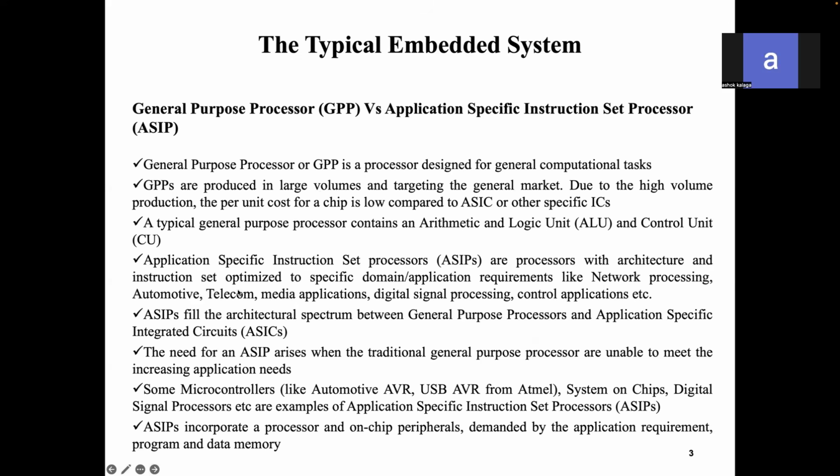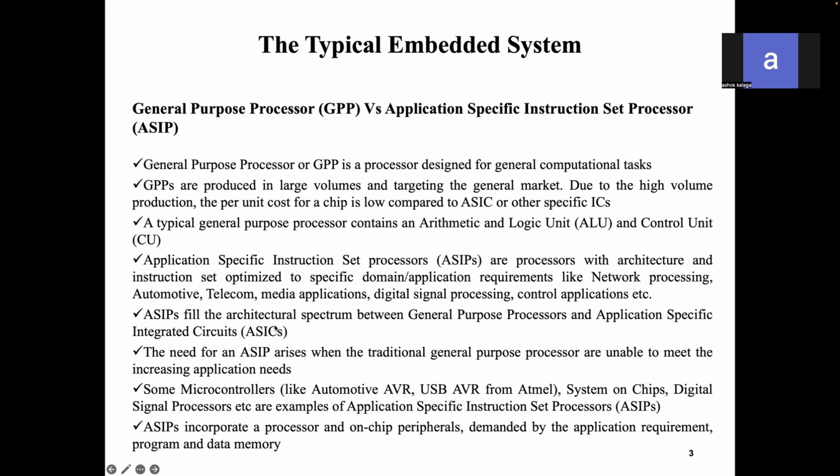Next one, ASIP, application specific instruction processor. Instruction set processors are processors with an architecture and instruction set which can be optimized to specific domain or application requirements, like network processing, automotive, telecom, media applications, or any digital signal processing or control applications.